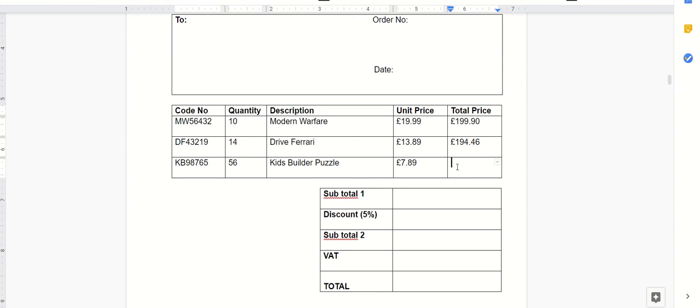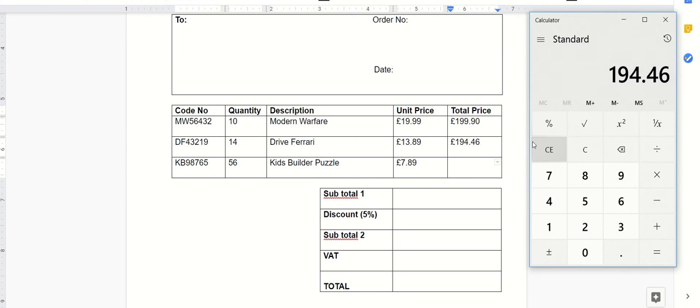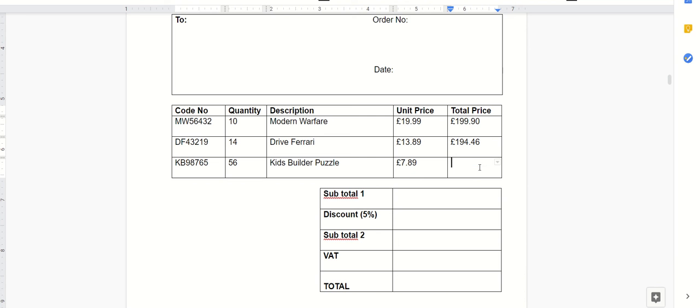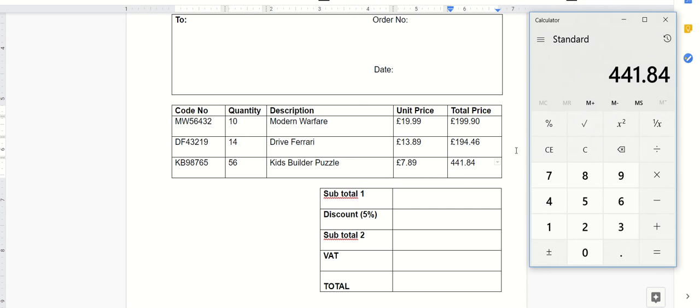And we're going to type times £7.89 by 56. So 7.89 multiplied by 56 items. Let's press enter. £441.84. Let's just double check that.